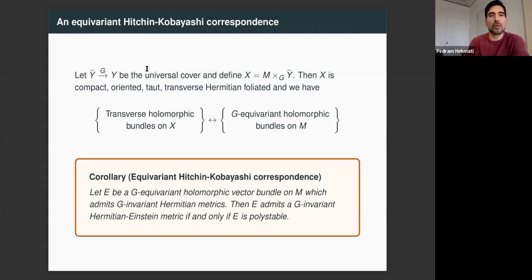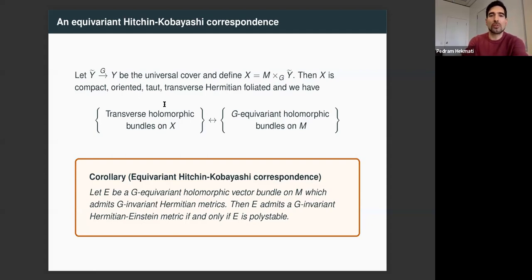So we can use this in the following way. We consider the universal cover of this four-manifold Y, and then construct the quotient of M cross the universal cover by G. Then it's easy to check that this is a compact oriented taut transverse Hermitian foliation. In fact, transverse Gauduchon, since we picked M to have a Gauduchon metric.